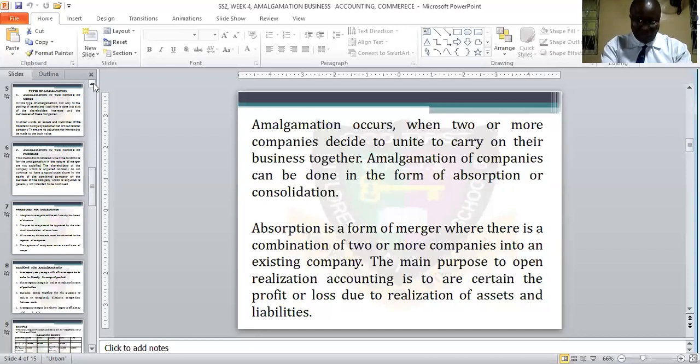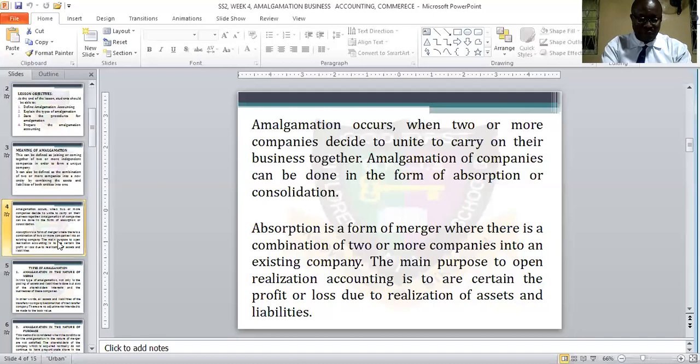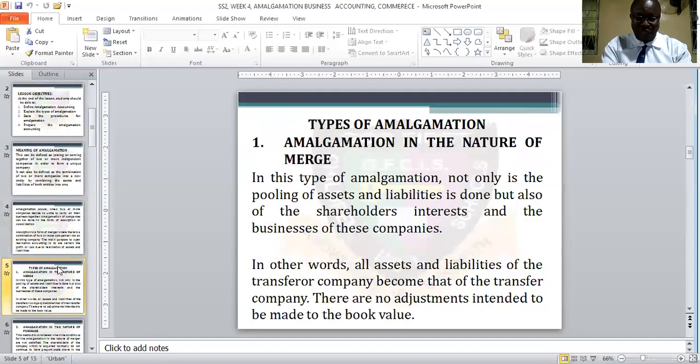So let us look at the types of amalgamation accounting. The first one we have is amalgamation in the nature of merger, and this type of amalgamation involves the pooling of assets and liabilities. Now, when we're talking about assets, these are the property of the company, the resources of the company.